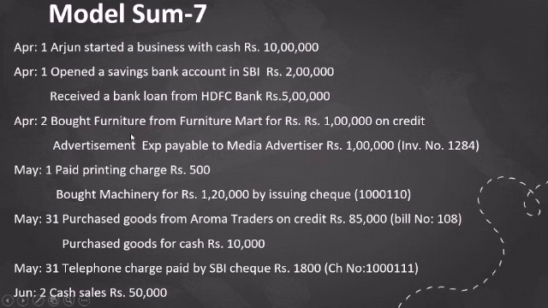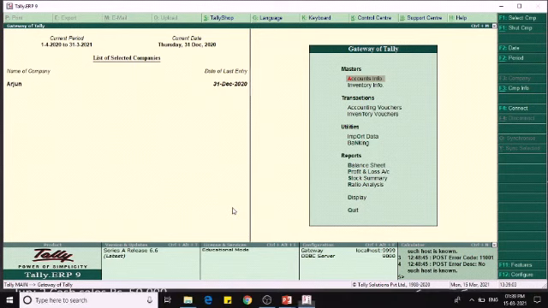So after that, this is the payment entry. He is buying the machinery for the value of 1,20,000 by issuing the check. On 1st May, he is issuing the check for purchasing the machinery, and we can see this in the day book also.